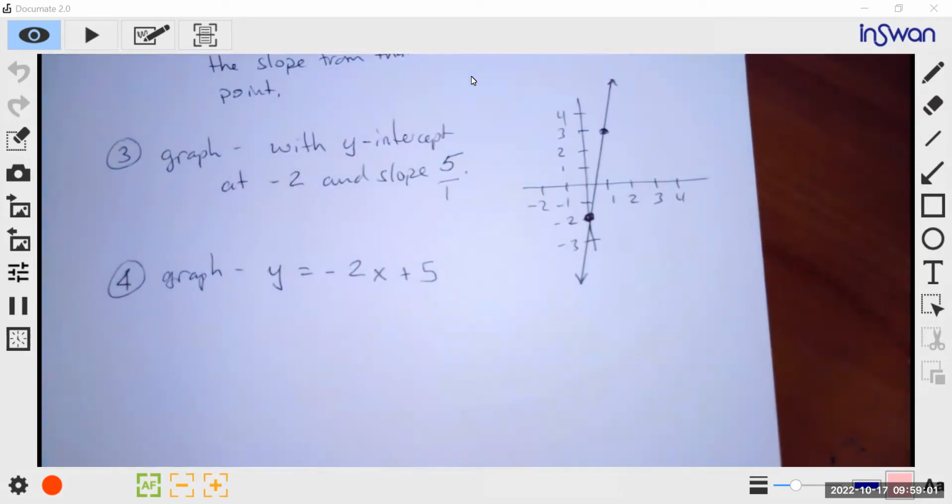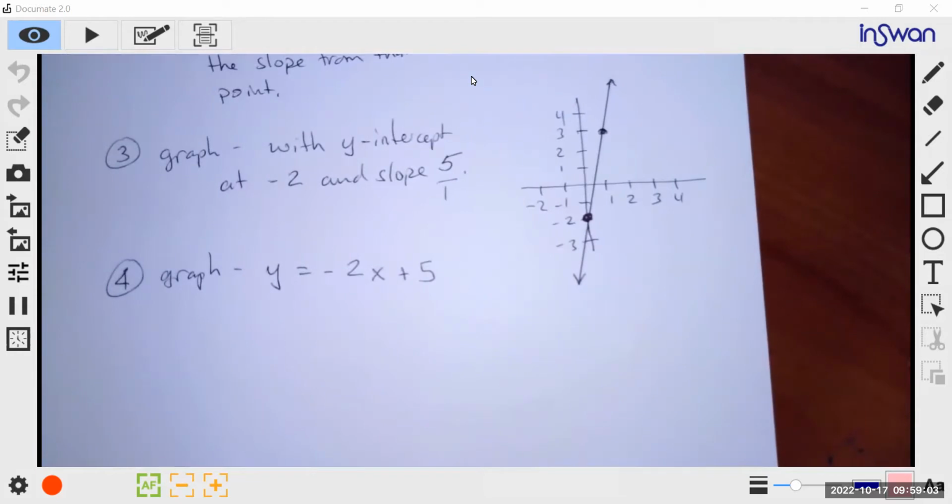Graph that one. What form is this equation in?